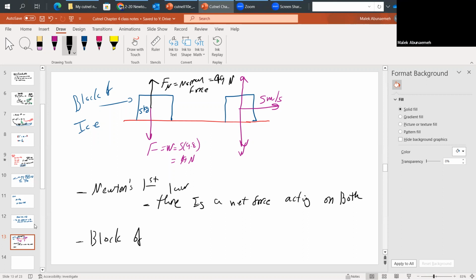The block of ice is providing a counteracting force in the opposite direction.